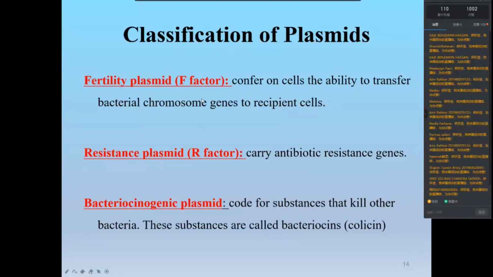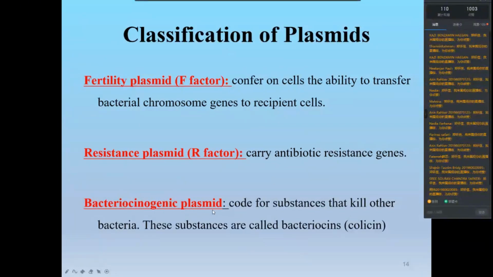So it can carry part of the chromosome genes to another cell so that it can transfer the chromosome genes. For a resistance plasmid, it carries antibiotic resistance genes, so that the bacteria carrying the plasmid will be antibiotic resistant.